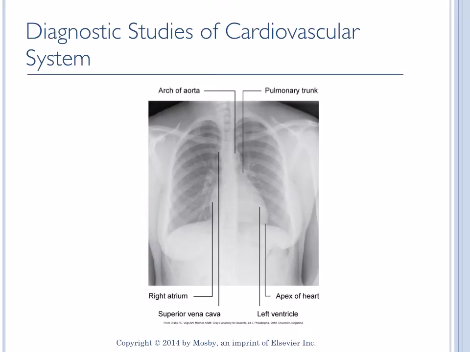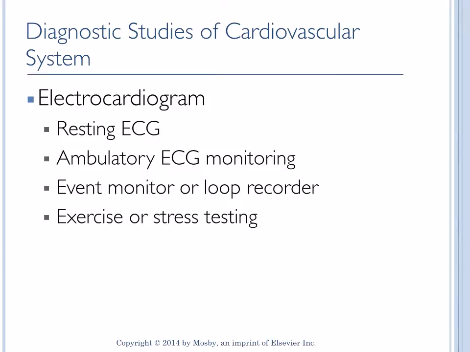So this is a chest X-ray picture, and the chest X-ray will clearly show if there is any displacement or enlargement of the heart, or any presence of extra fluid around the heart, or any lung congestion. So the chest X-ray is very helpful in diagnosing the primary disorder. So let's go to the next slide.